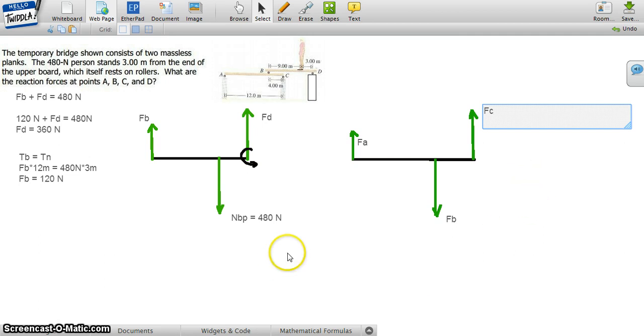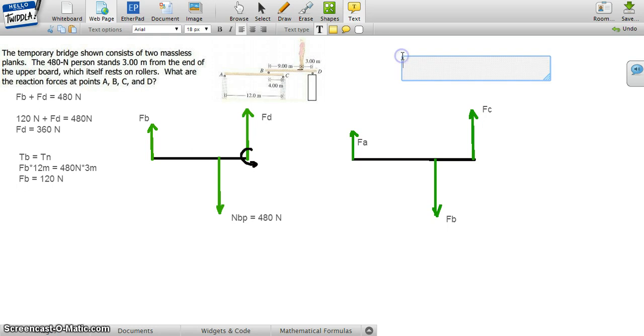Okay, so I can write an equation for this, and that equation would be that the force of A plus the force of C would be equal to the force of B, which we found to be 120 newtons. But two unknowns, can't solve it.